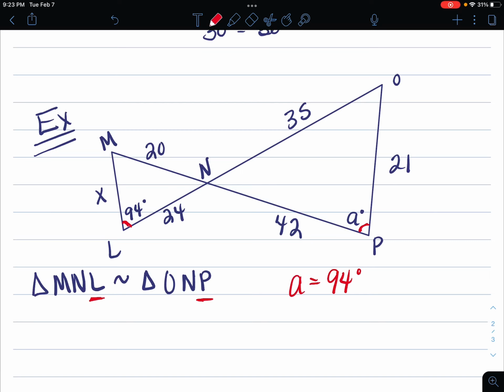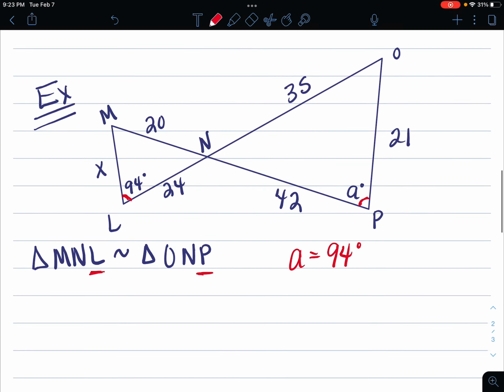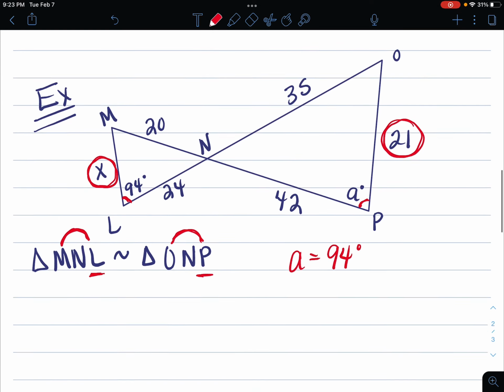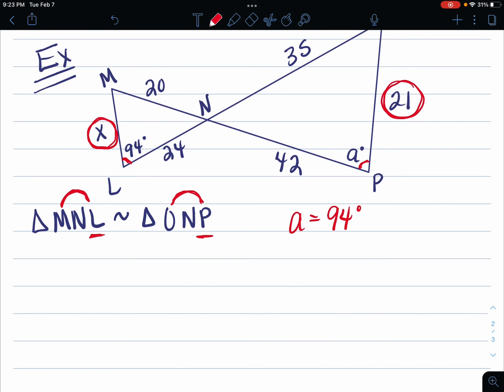As far as the sides go, again, we have to use that concept of proportionality. I need to write a ratio comparing the one I'm looking for and the one that it corresponds to. We know that ML and OP correspond because of our similarity statement.